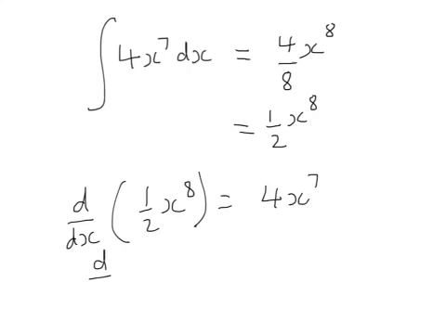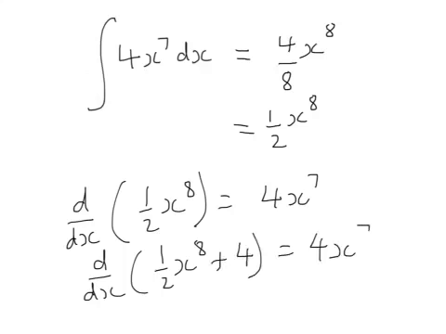But notice, if we differentiated 1/2 x to the power 8 plus 4, we'd also get 4x to the power 7, because 4 differentiates to nothing. It doesn't have to be 4, it could be 5, it could be 3, it could be anything. So what we really need to say is there could be some constant number in there.